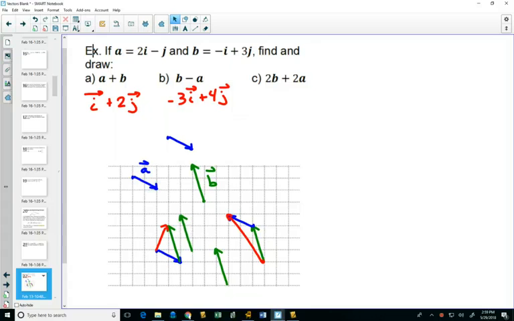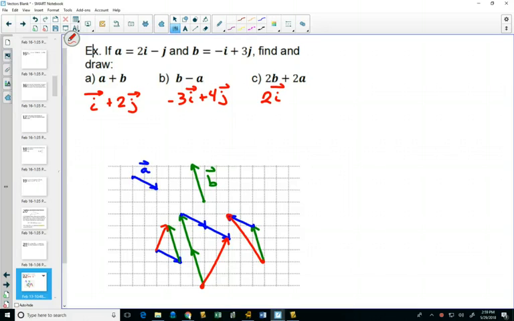I'll start here. There we go. 2B plus 2A would result in, we started here, we ended here, which means we've gone 2 to the right and 4 up.